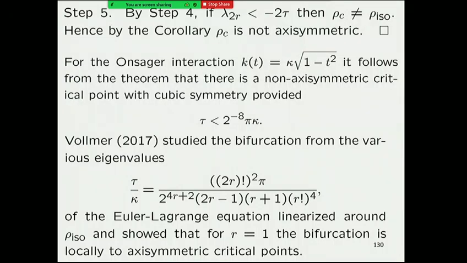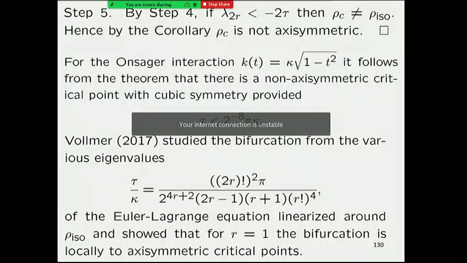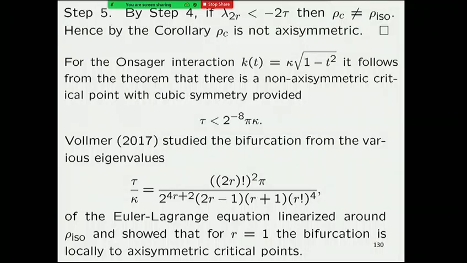Now, Vollmer studied the bifurcation from the various eigenvalues of the Euler-Lagrange equation linearized around the isotropic state. So now the special thing about the Maier-Saupe interaction is that all the eigenvalues coincide. So there's essentially only one eigenvalue, but of infinite multiplicity. But usually you get infinitely many eigenvalues, and for the Onsager interaction you get these explicit expressions for the eigenvalues.